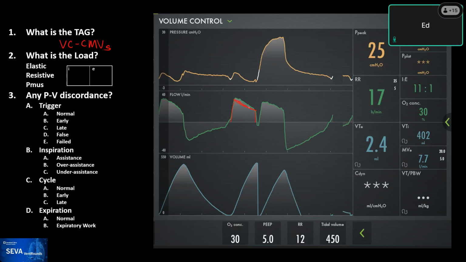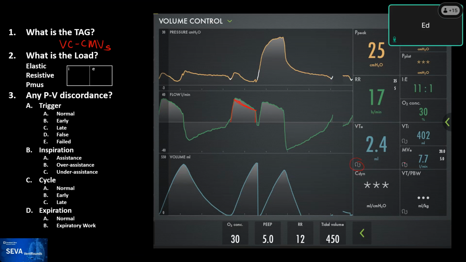If the tube compensation was turned off and the simulation was gone, or the flow sensor was measured at the control valve inside the ventilator, or if the patient was paralyzed, all those things would give you the red line.